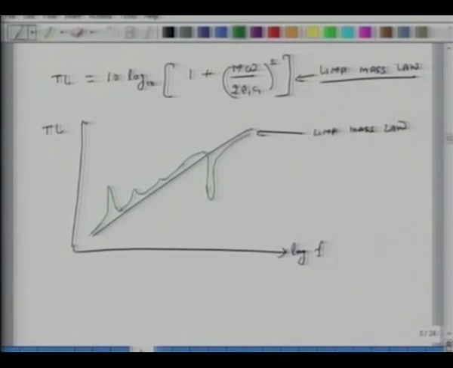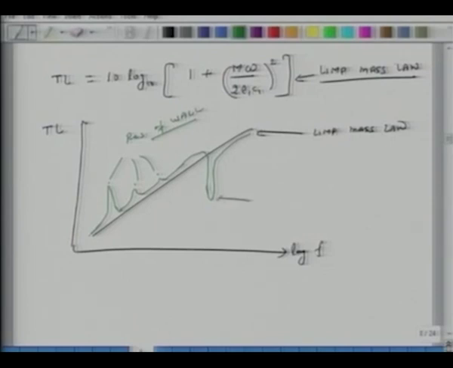These peaks are related to the resonance modes of the wall itself. So whenever you have a resonance, you lose a little bit more energy. It just happens that the shape of the wall is out of phase with the pressure wave, so you lose a little bit more energy.